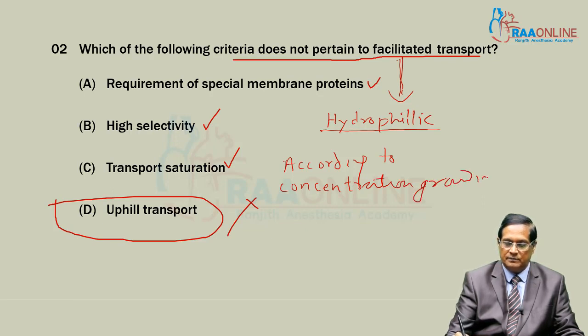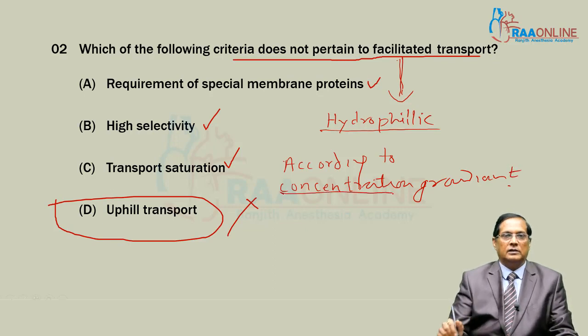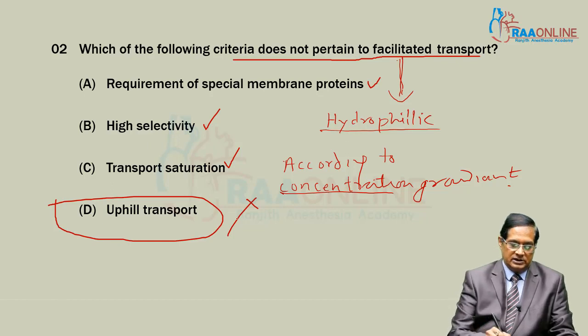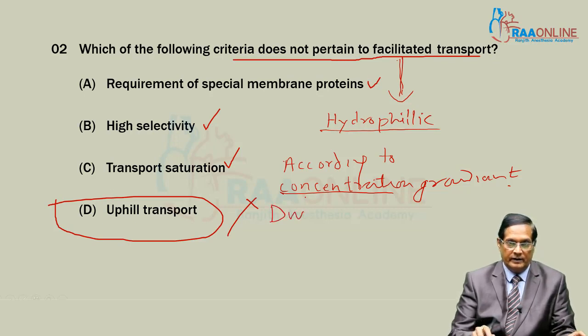Hydrophilic substance can pass through according to the concentration gradient. So this is facilitated transport. It is not uphill, it is downhill, through membrane protein.